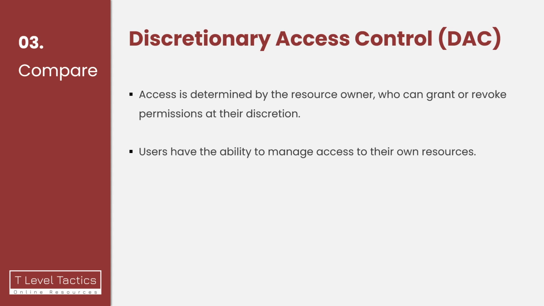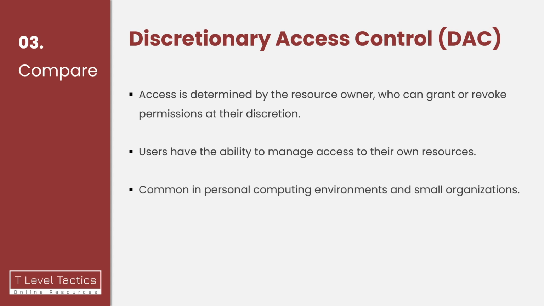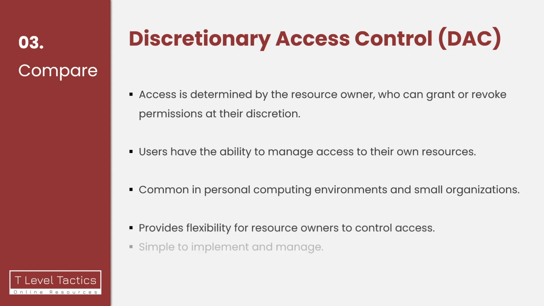And this is common in personal computing environments and smaller organizations that may not have any central control on a server. Discretionary access control provides flexibility for resource owners to control access themselves. And it's simple to implement and manage as all users have to deal with it themselves. But that does raise some security issues if people aren't managing their permissions correctly.